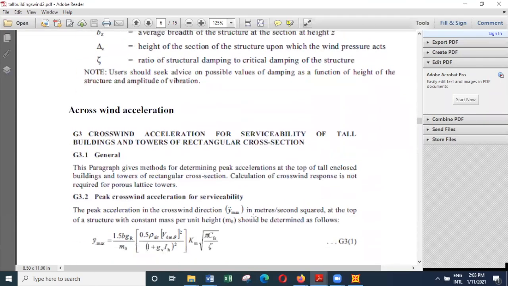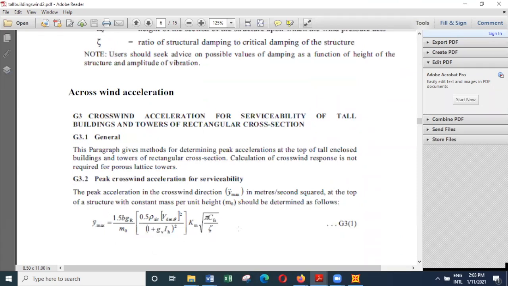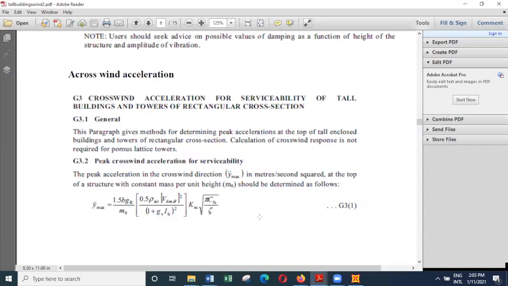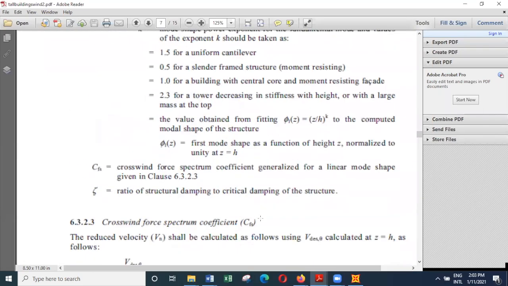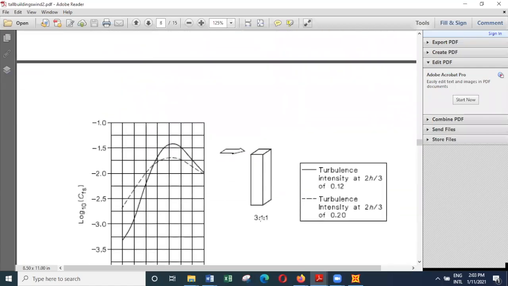Then there's another equation to determine the acceleration in the crosswind direction. With an example, we see how to make use of all these different equations.